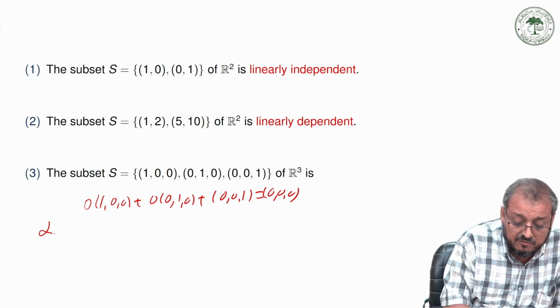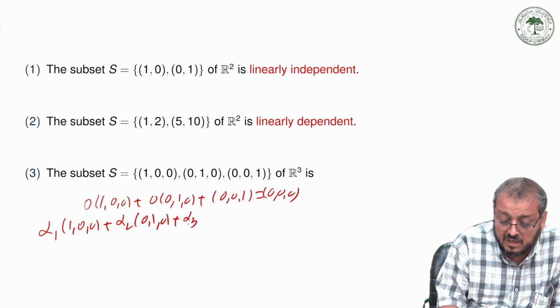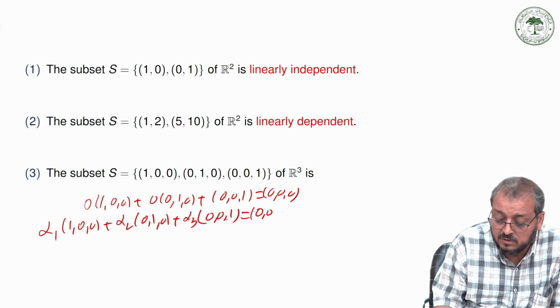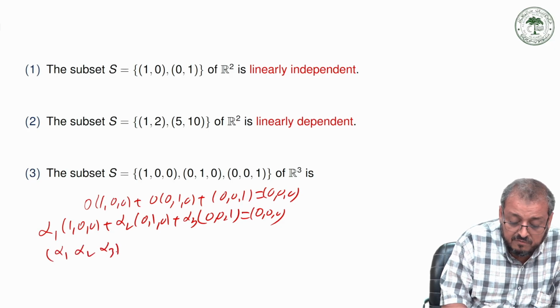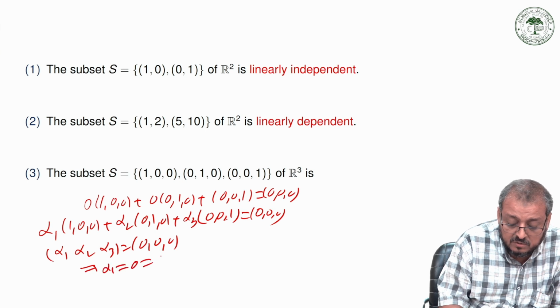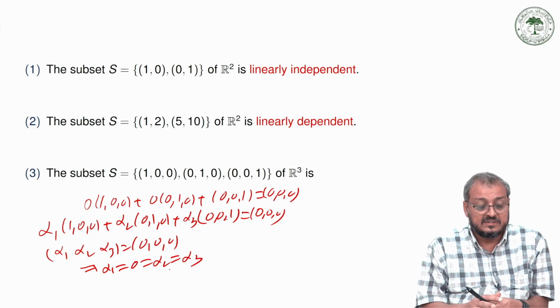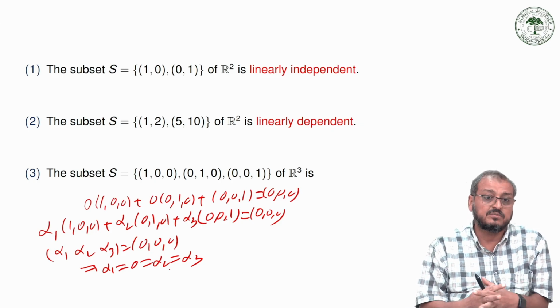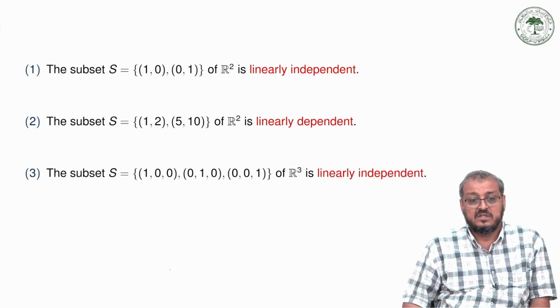For example, if alpha 1 (1, 0, 0) plus alpha 2 (0, 1, 0) plus alpha 3 (0, 0, 1) is equal to the 0 vector, then (alpha 1, alpha 2, alpha 3) equals (0, 0, 0), and the only possibility is alpha 1 equal to alpha 2 equal to alpha 3 equal to 0. So in this case this subset S of R3 is a linearly independent set.